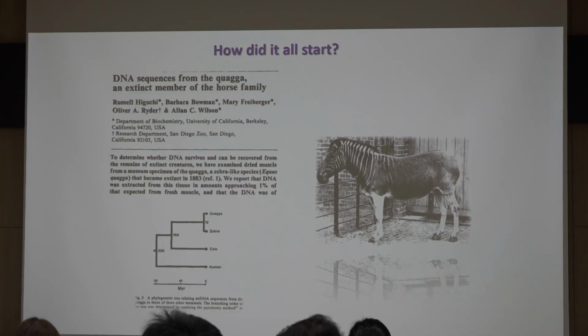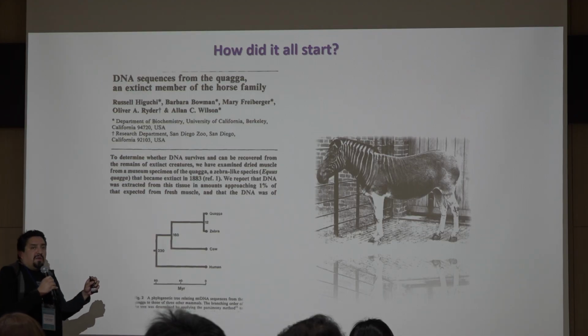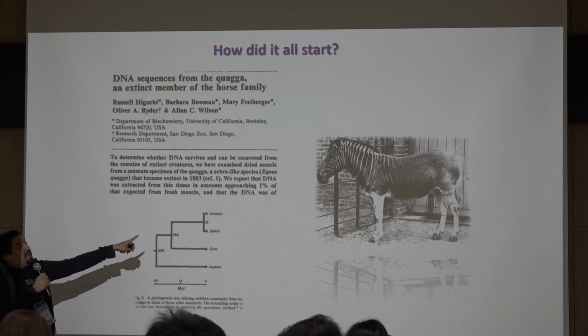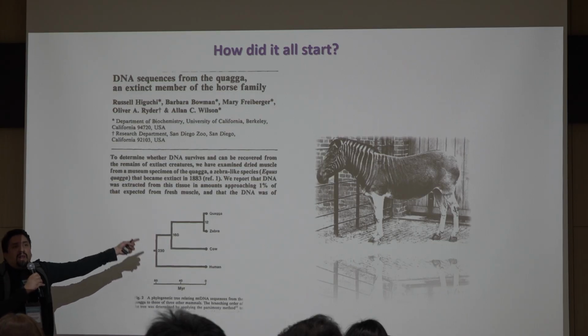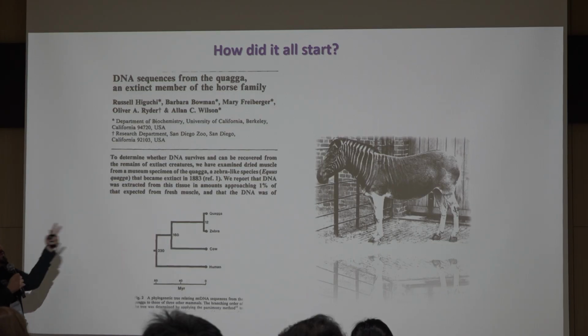But even then, with this little amount of information, we could tell something very interesting. This animal that looks like a zebra is actually related to a zebra. And we could say, okay, we didn't need a test to actually relate this animal to the zebra. We can see from the picture it looks like a zebra.